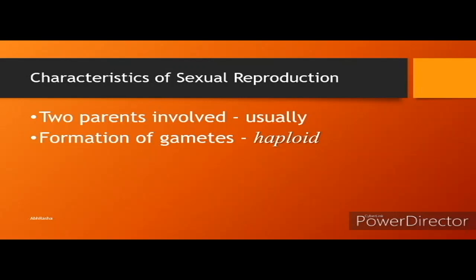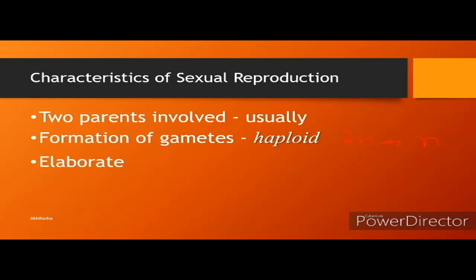So, for a diploid organism to form haploid gametes, a special type of cell division has to occur, and that special type of cell division is known as, yes, meiosis. So meiosis, remember we denote it by two cuts on the line like this. It's a special type of cell division which occurs during formation of gametes.